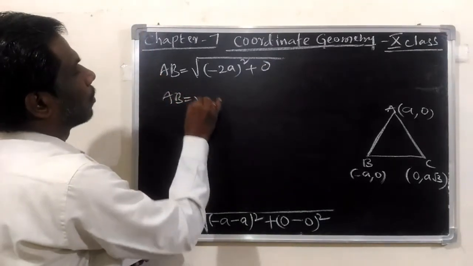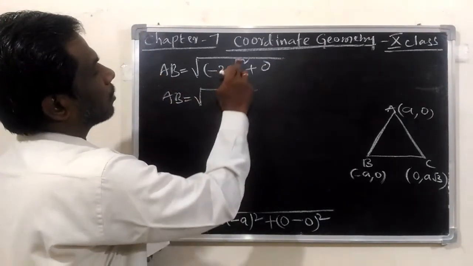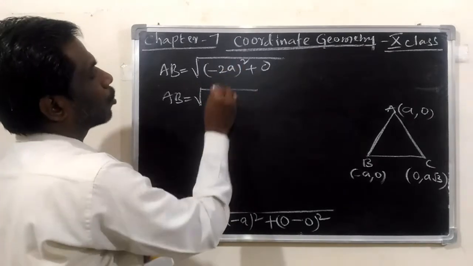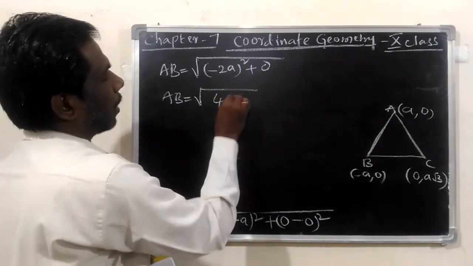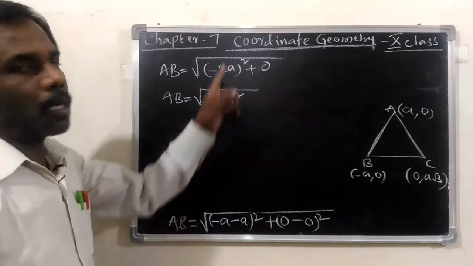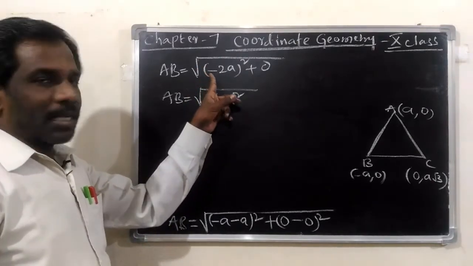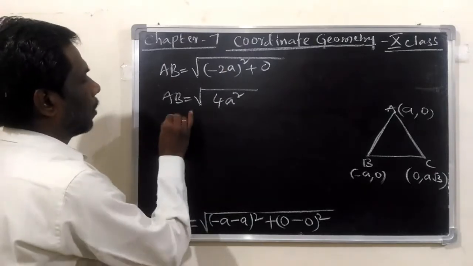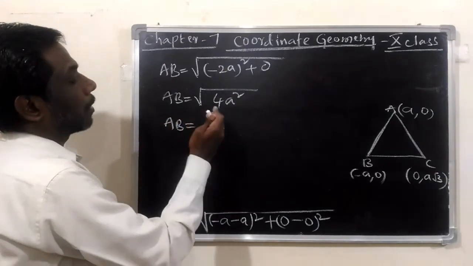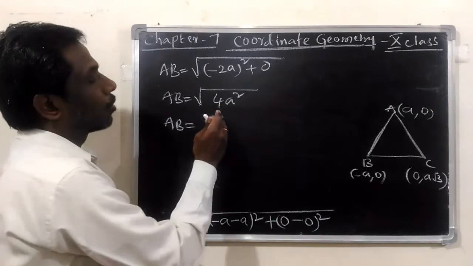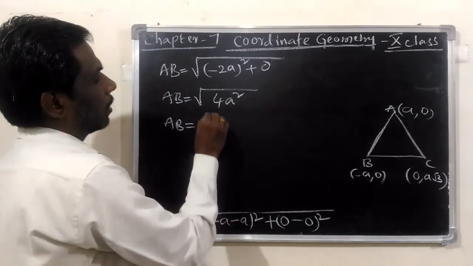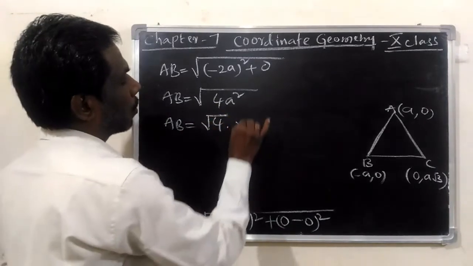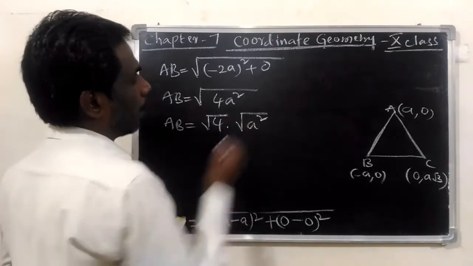AB equals under root of 4a square. Separating the square root, it is root 4 and root a square.